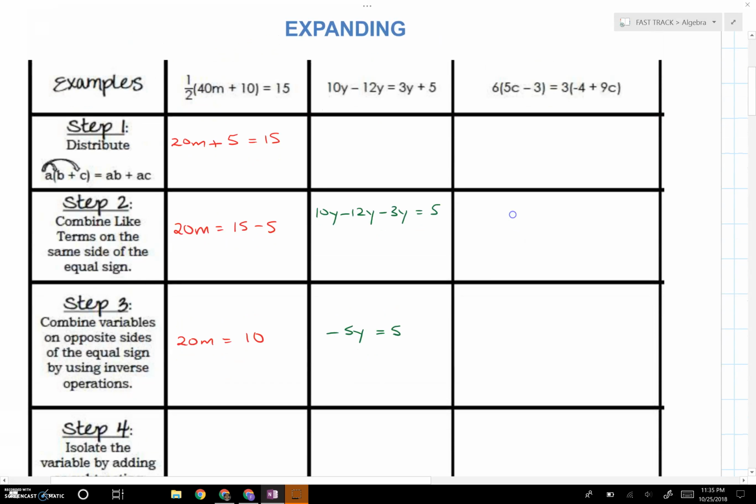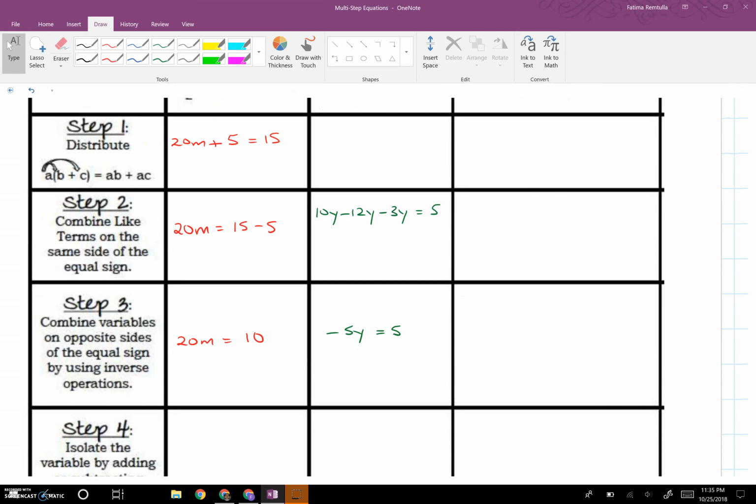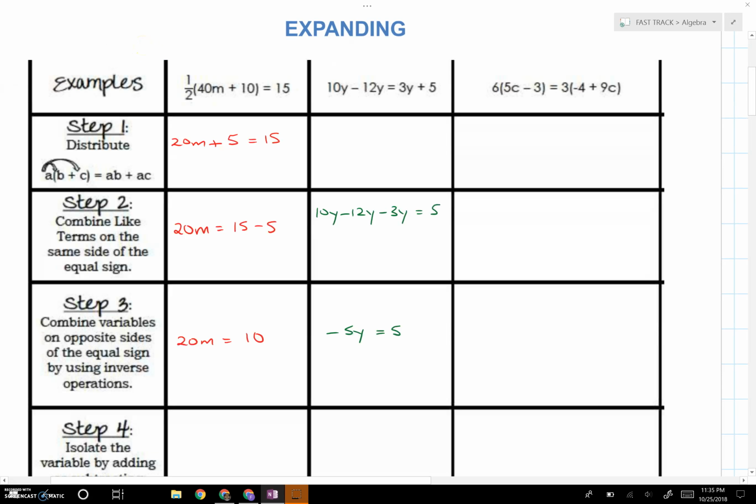All right. In this last one, we again now have some brackets. We have brackets on both sides. All right, so step number 1 is distribute. So 6 times 5c is 30c. 6 times negative 3 is negative 18, is equal to 3 times negative 4 is negative 12, plus 3 times 9c is 27c.